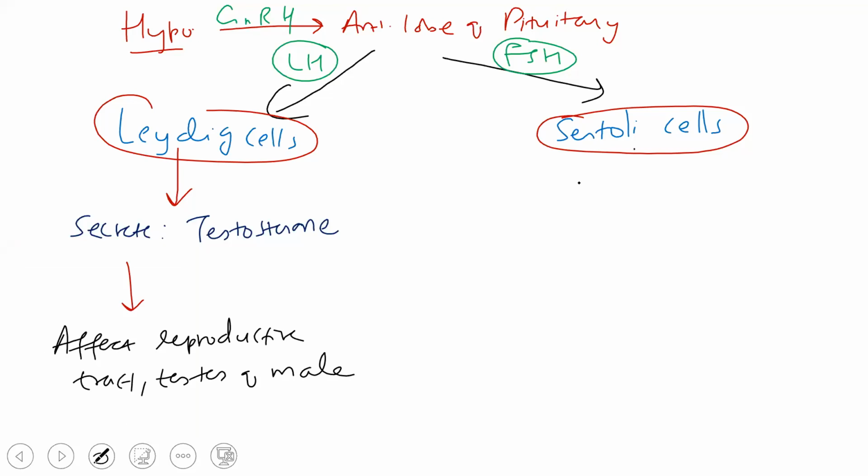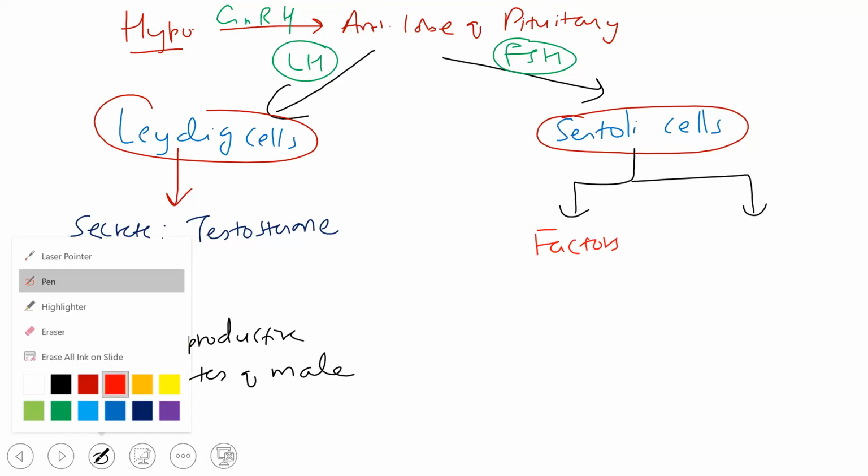Sertoli cells can secrete two things. One is certain factors, and it also secretes a hormone which is inhibin.